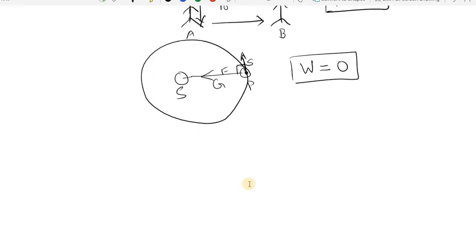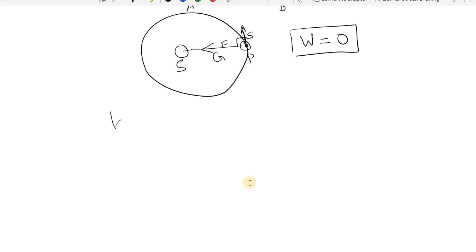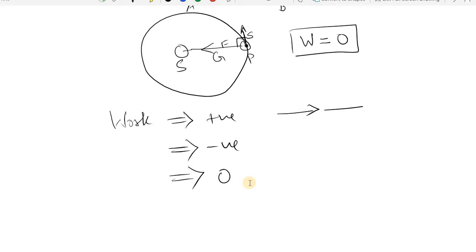So if you look at it, the work done can be positive or negative, or it can be 0. When the force and the displacement are in the same direction, then theta equals 0 and work done would be positive.